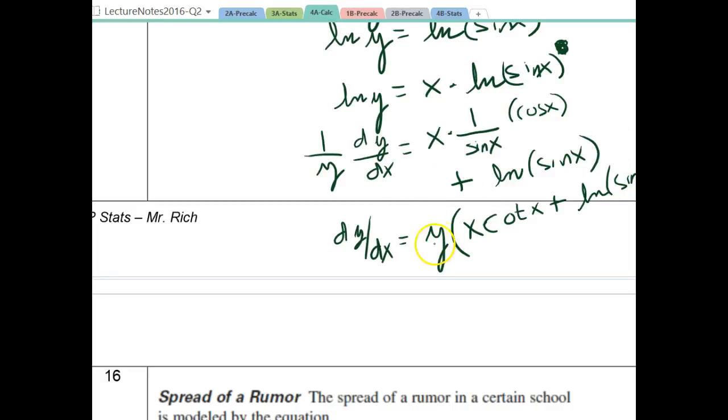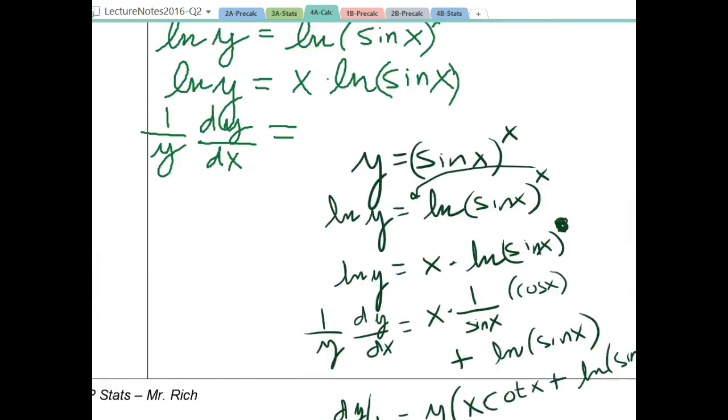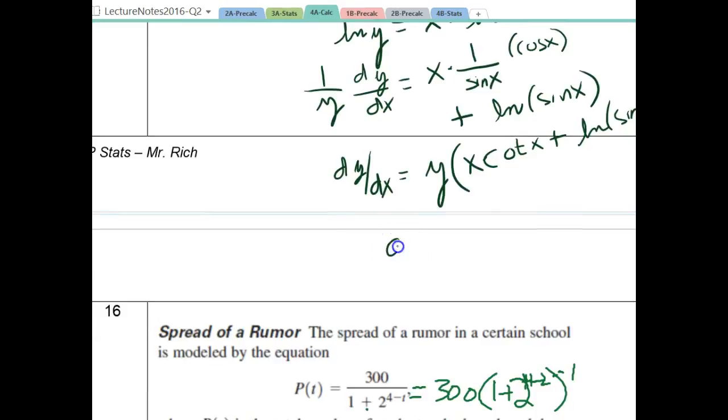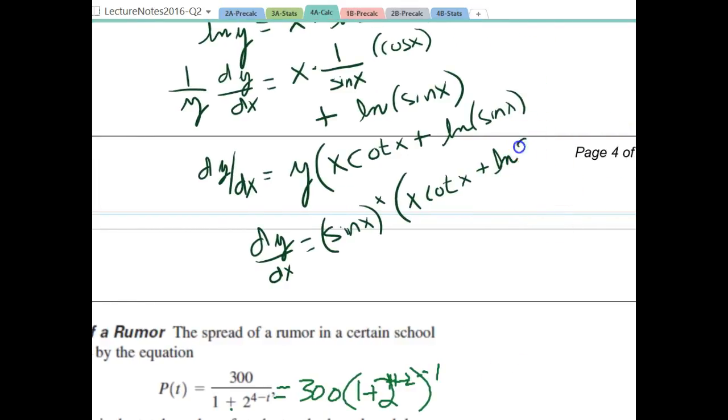And now I substitute what y is, which is sine x to the x. So the last step: dy dx equals sine x raised to the x power, that's what the y is, multiplied by x cotangent x plus the natural log of sine x.